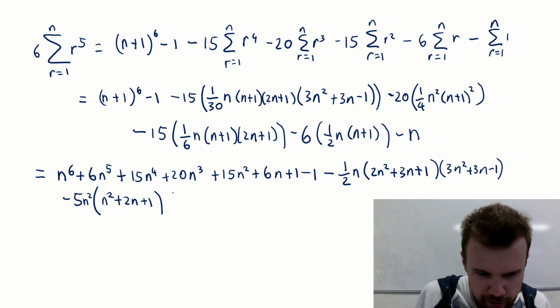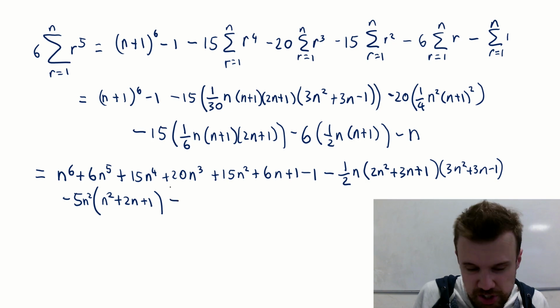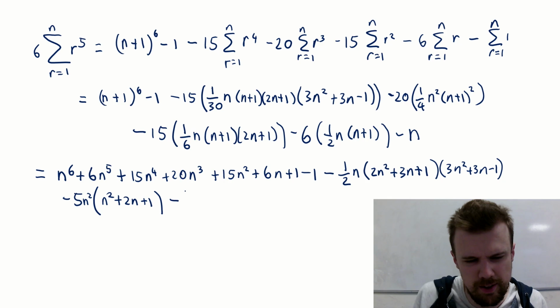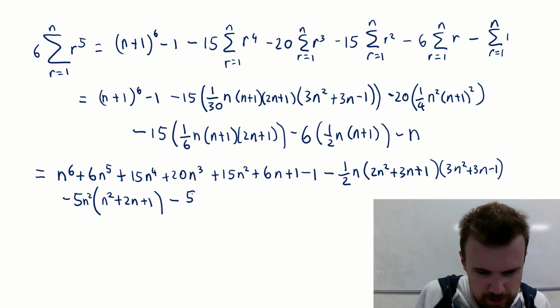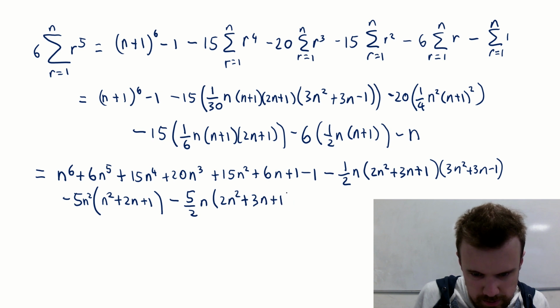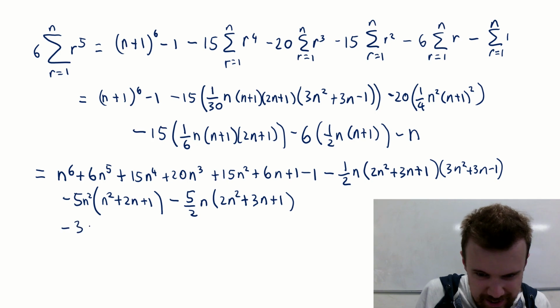We will have the minus 15 over 6 simplifying to become 5 over 2 n, and then we'll have the 2n squared plus 3n plus 1. We'll have minus 3n squared plus n, and then we'll have the minus n.